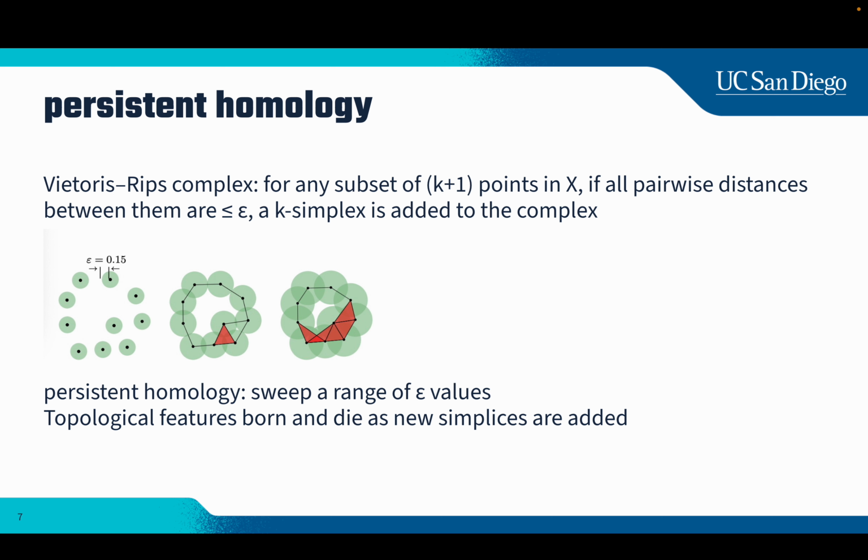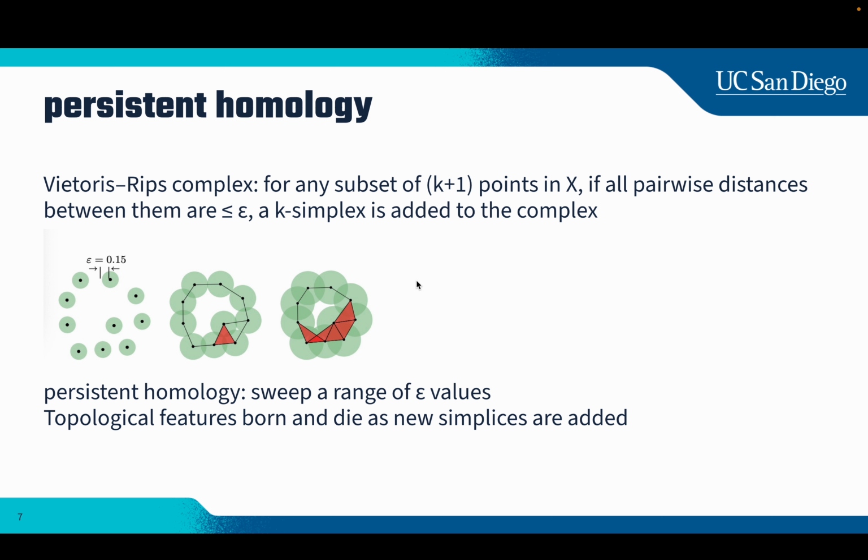Here's an example. As epsilon increases, from 0.15 to 0.4 to 0.6, the points are gradually connected to form edges and triangles, and even some higher dimensional simplices to form a topological space.